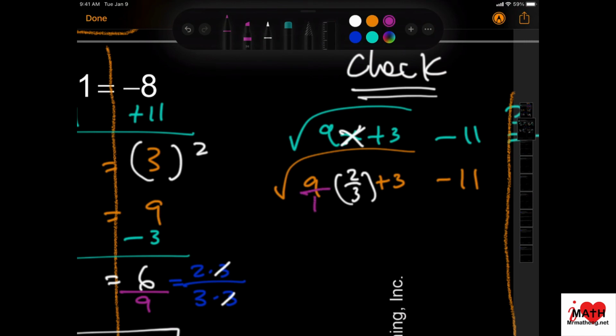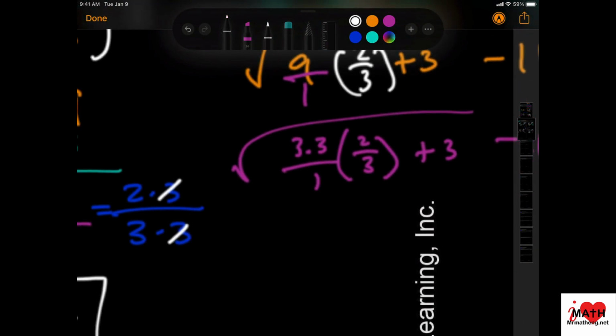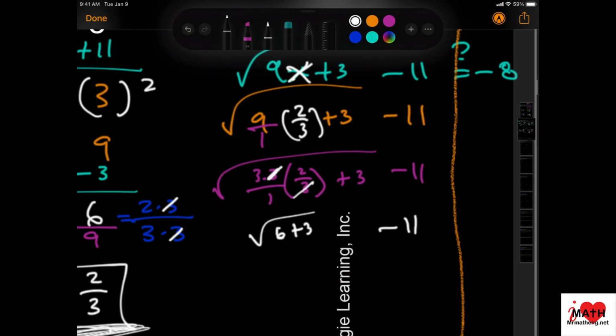I put it over 1. I'm going to change that to a 3 times 3. And just to the left of the plus sign, it's essentially 9 times 2, which is 18. 18 divided by 3 is 6. So you're left with 6 plus 3 inside minus 11.